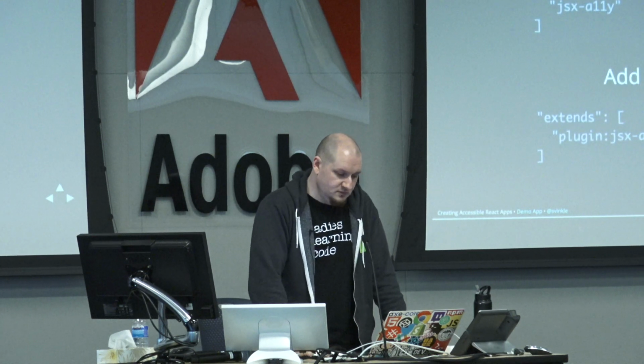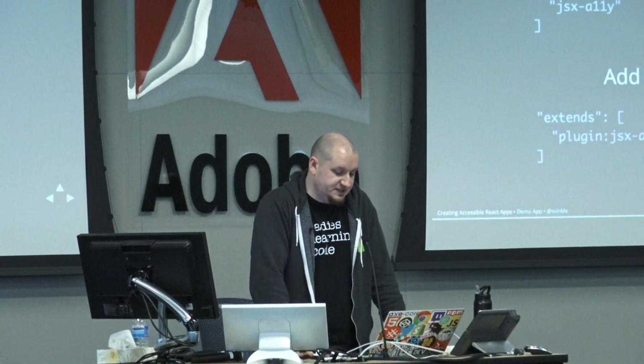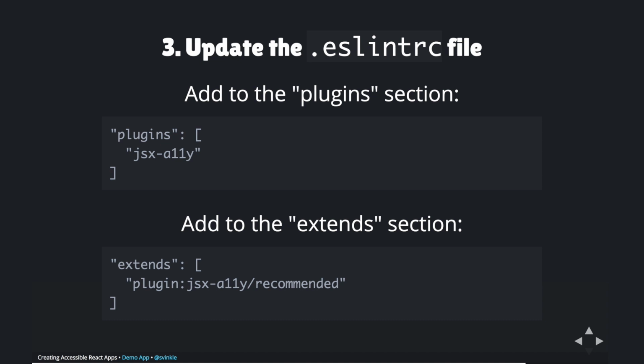So this command will install these utilities only for your current project, as each project you work on could have a different configuration. And the last thing to do is to update or create, if it doesn't exist, your project's .eslintrc file. So in the plugin section of this file, you'd add jsx-a11y, and this loads the accessibility plugin for use with your editor's eslint plugin.